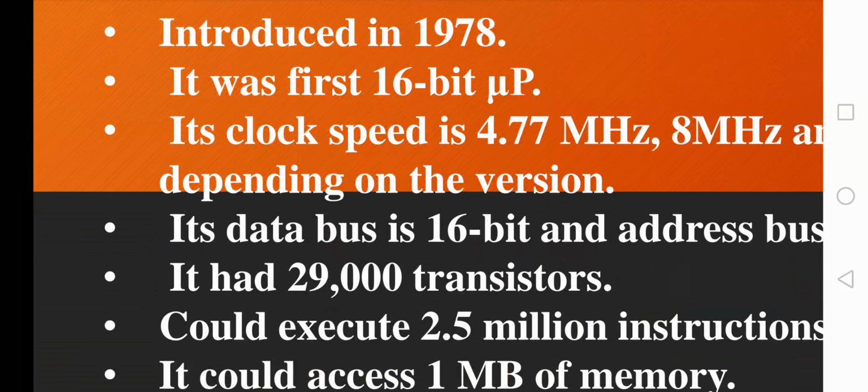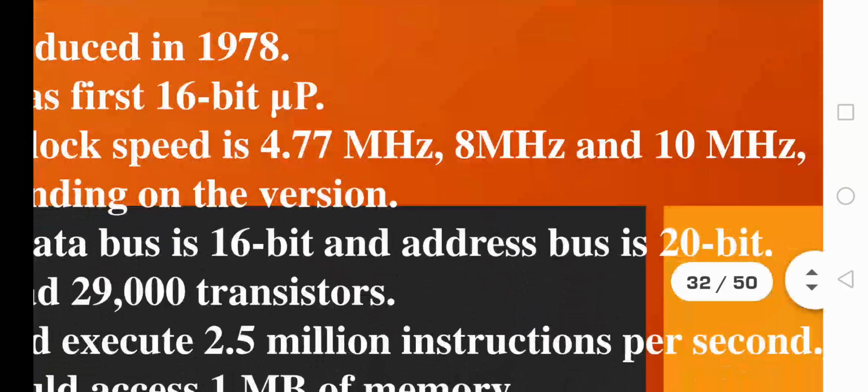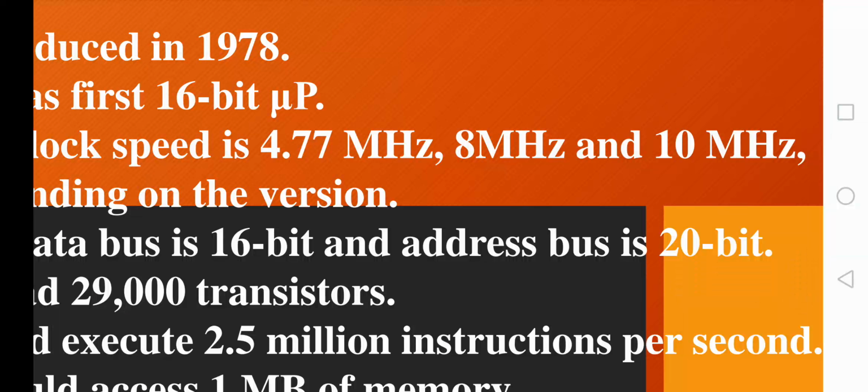There were three versions of the microprocessor. The first version had a clock of 4.77 megahertz, the second version had a clock of 8 megahertz, and the third had a clock speed of 10 megahertz.